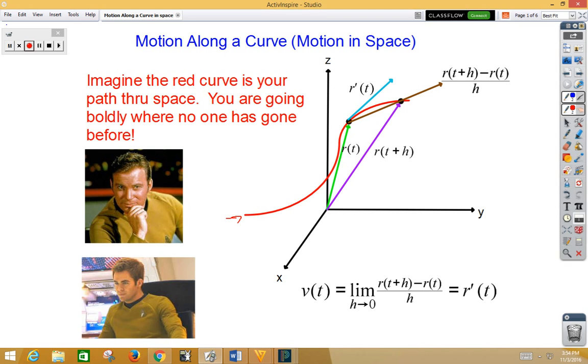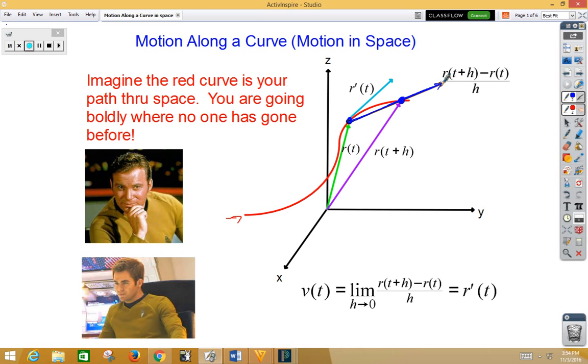So what we have here is some given point on our curve, and then a second point some distance away from that, and a vector connecting the two. So we have basically the slope of a secant line, which is an average rate of change.